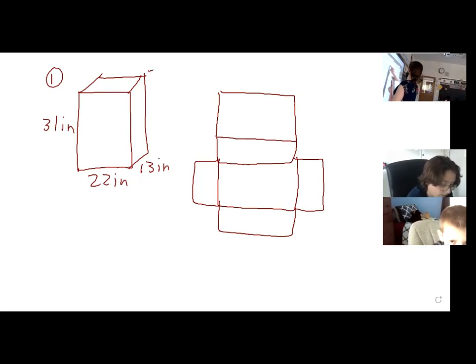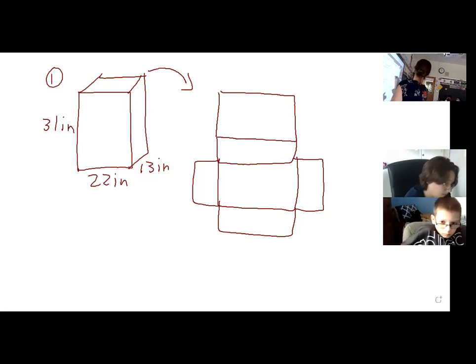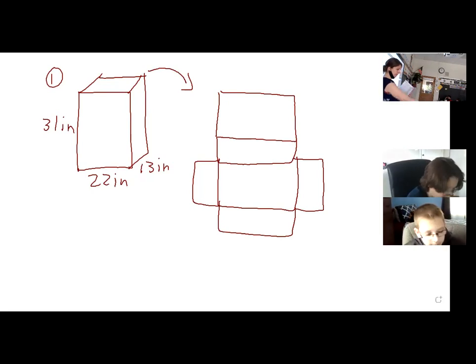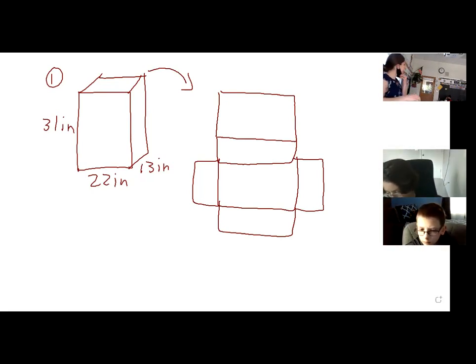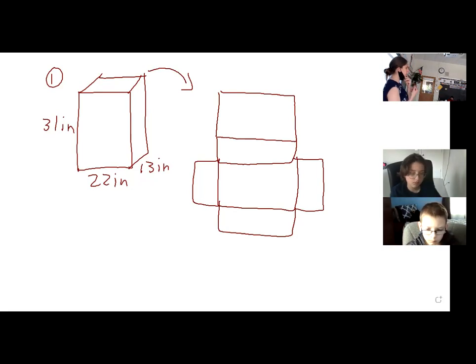So if you're looking at my drawing, it kind of looks like I tipped this prism over onto its side and then just started unrolling it or unwrapping it, okay? Now, if you put your net facing the other way, it's okay, as long as you have how many rectangular faces? 6, right? 3 congruent pairs.